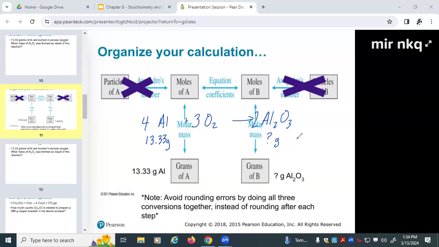Now, if I follow the map here, the map says that I'm going to need to turn this grams into moles of aluminum. I'm going to need to turn the moles of aluminum into moles of aluminum oxide. And then I'm going to need to turn the moles of aluminum oxide into grams.